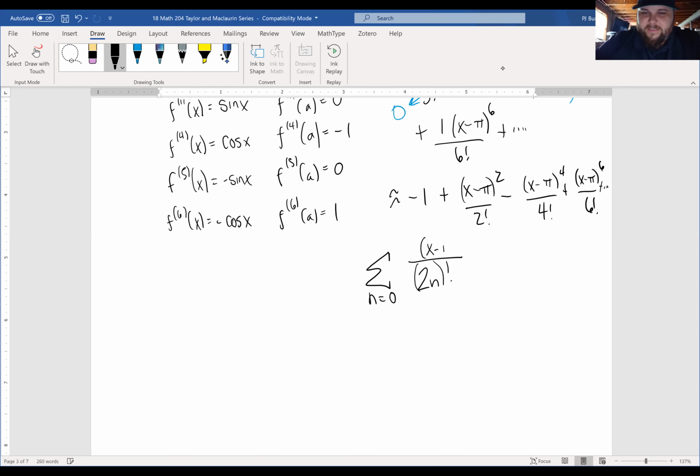Aren't they going up by the same power? There was 2 factorial, 4 factorial, and it was second power, fourth power, sixth power. So it's also to the 2n. And then it's oscillating between adding and subtracting.